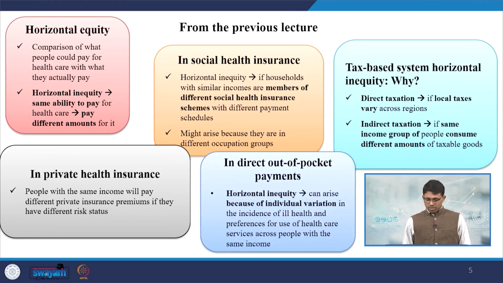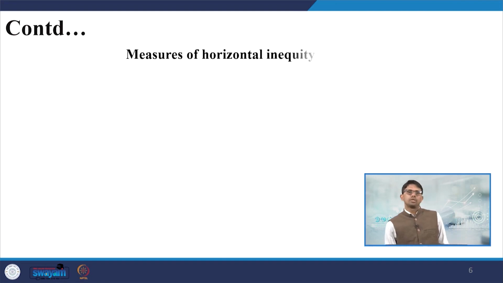In direct out-of-pocket payments, horizontal inequity occurs because of individual variation in the incidence of ill events or ill health and the preference for use of healthcare services across people with the same income.